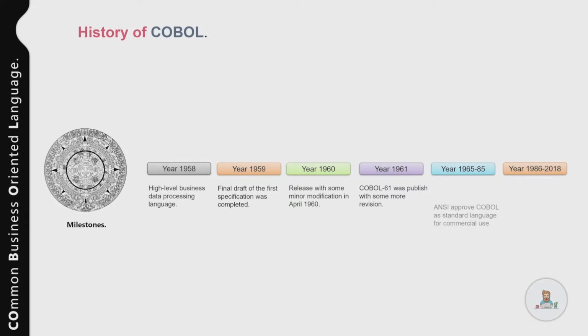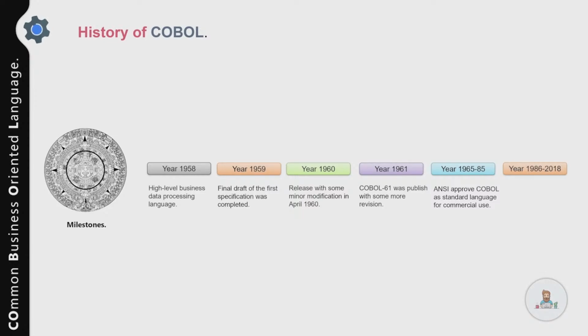In 1965, a revised version of COBOL was released with a number of additional features. However, it was only in 1968 that COBOL was approved by ANSI, the American National Standards Institute, as a standard language for commercial use.